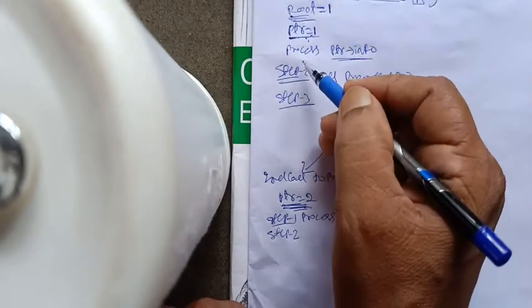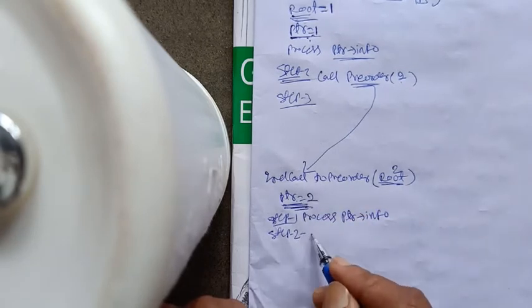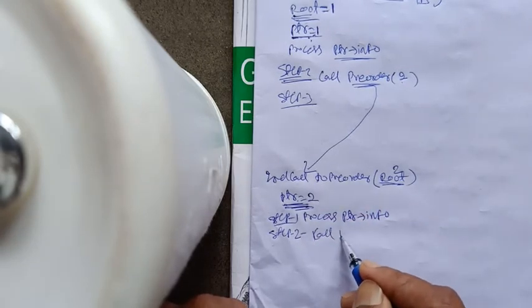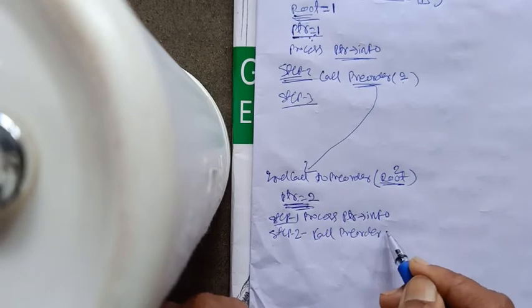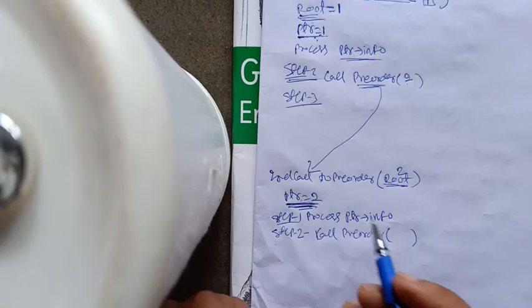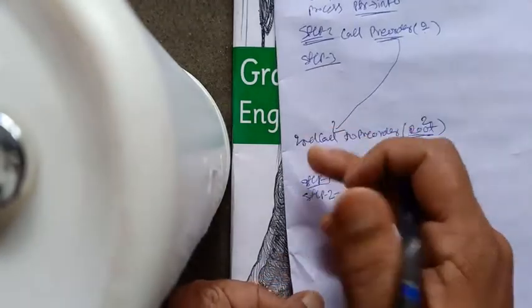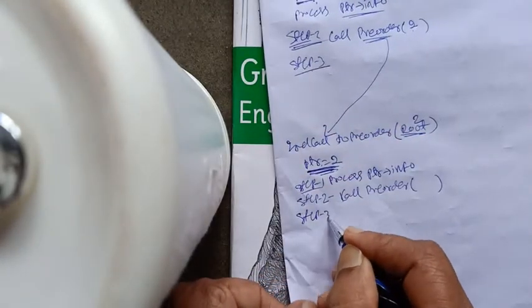In the first call, step 2 called here, so in the second call, step 2 says again call preorder by passing left of ptr. See, ptr left, second step ptr left, and in the second call, step 3 will be waiting.